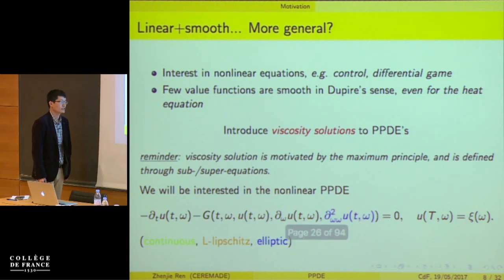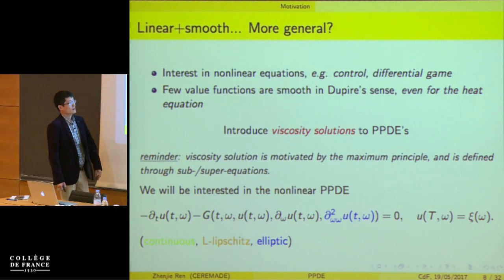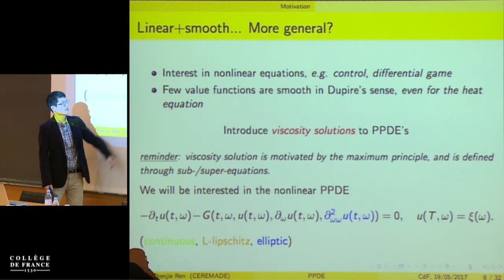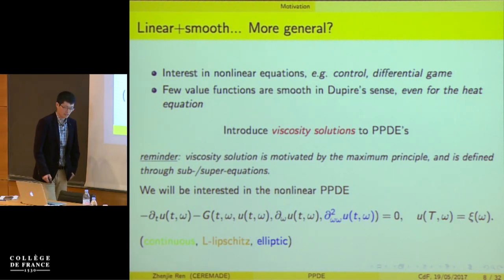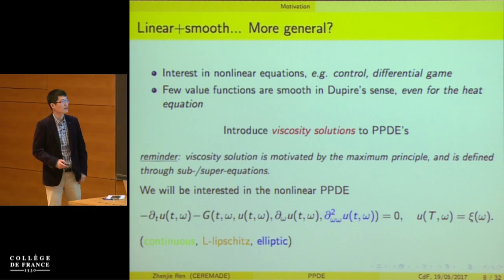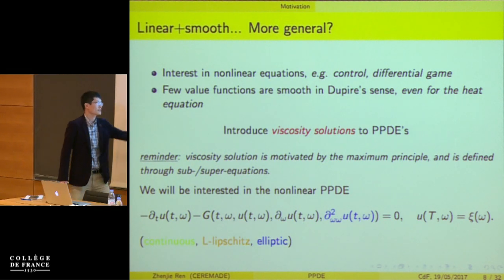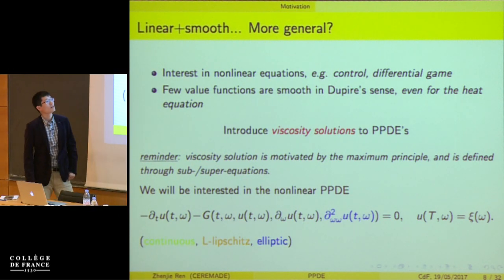And of course, G must be elliptic with respect to the second order gradient. The Lipschitz condition is just to simplify the presentation in this talk. In recent work, we can already go beyond the Lipschitz case.